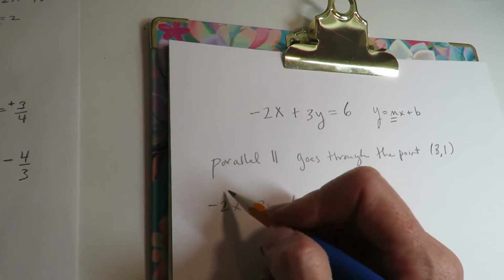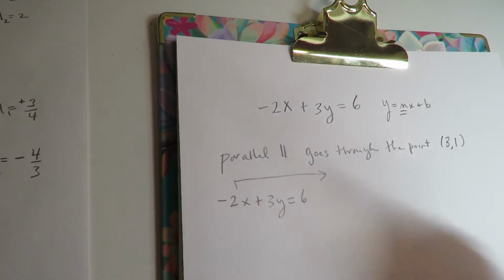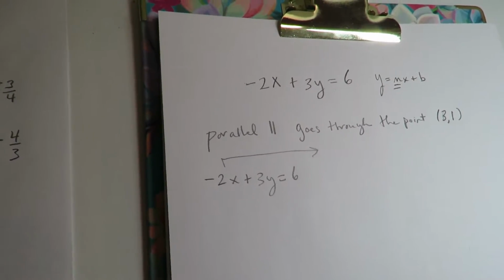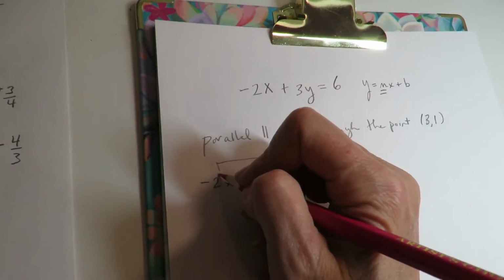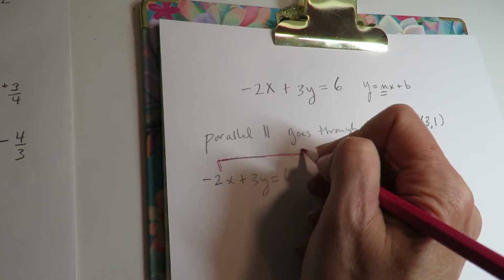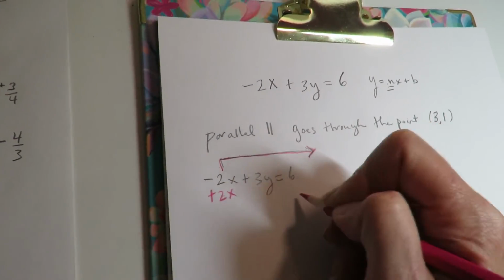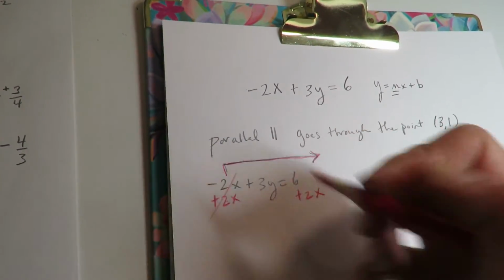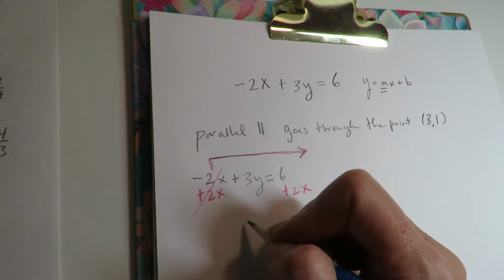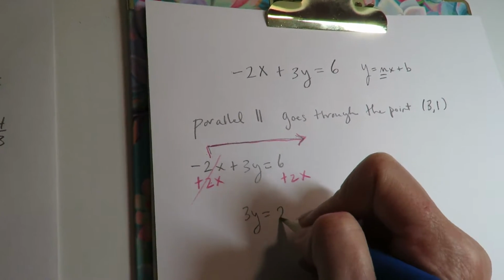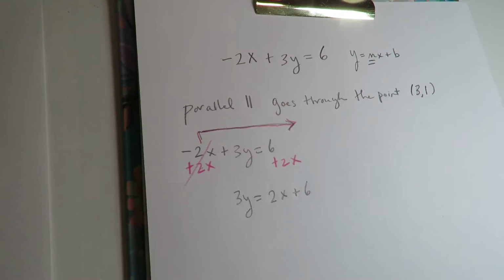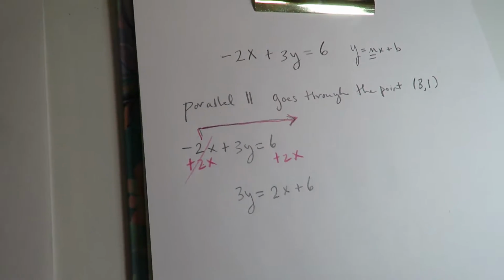So I need to get the y by itself, so I'm going to move the x to the other side. I'm then going to divide by the 3.